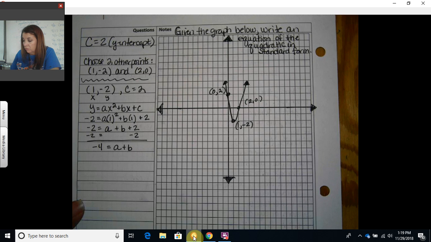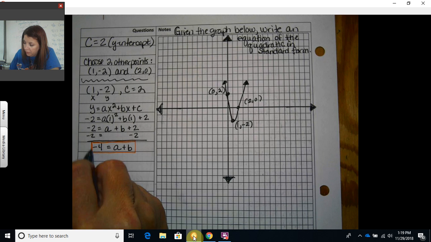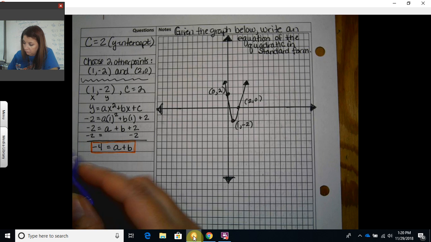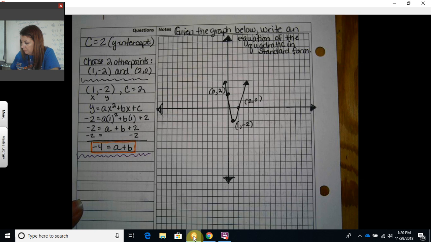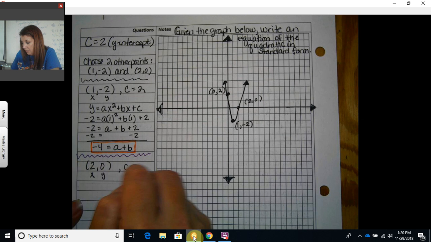Exactly. We wait until we find the other equation using the other point that we chose, right? So the other point we chose was 2 comma 0. The x's are 2, the y is our 0, and then we still use our y-intercept for c, which is 2.